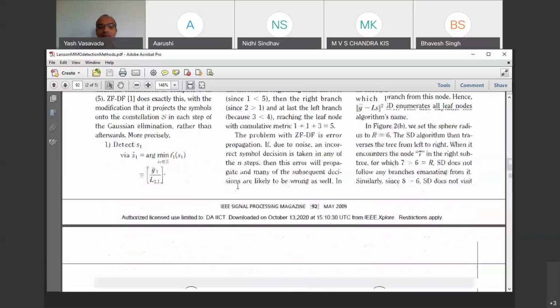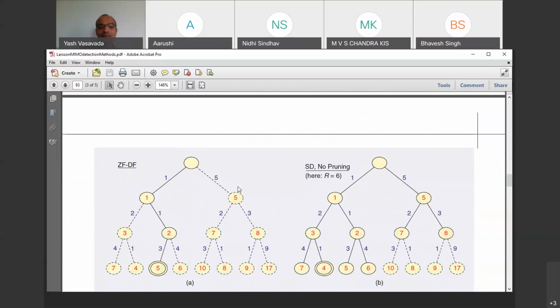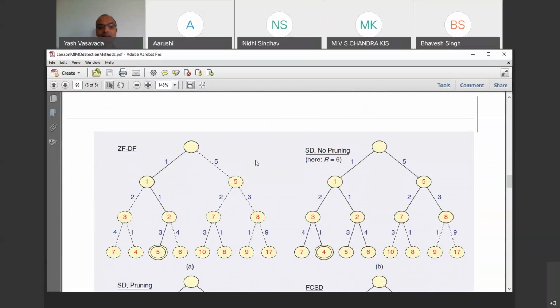Okay, so let us take an example of that. This is the same decision tree as before, but here we are going to go down the decision tree by assuming that we have already correctly identified the previous symbol.